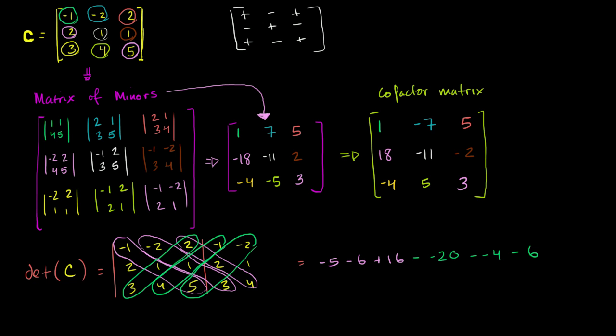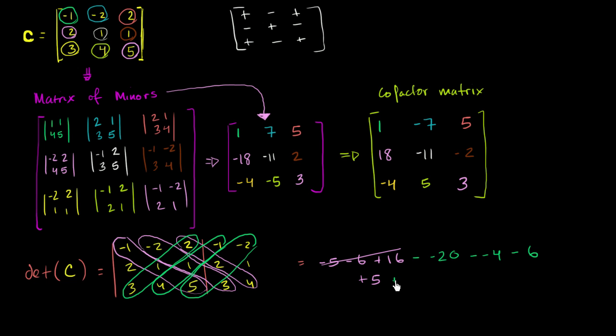And so this simplifies to -5 minus 6 is -11. -11 plus 16 gets us to +5. So all of this simplifies to +5. And then we have plus 20 plus 4. Actually, let me do that green color so we don't get confused.